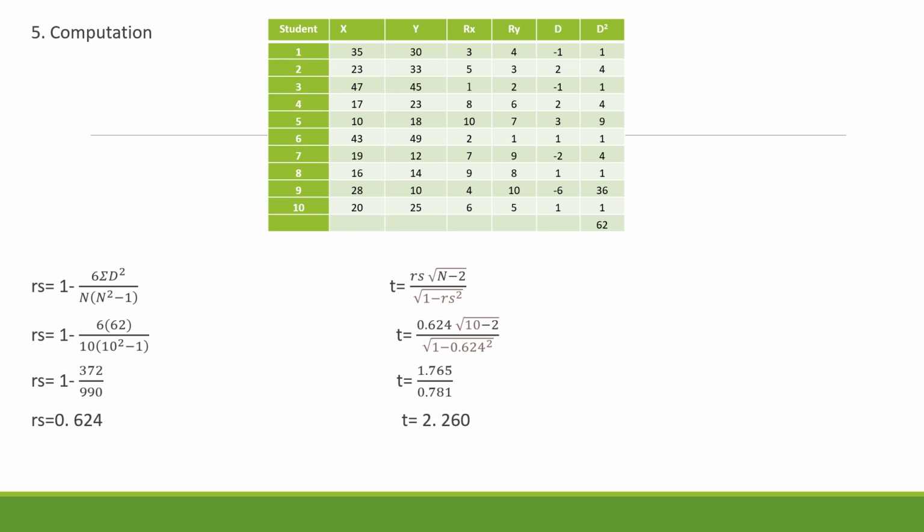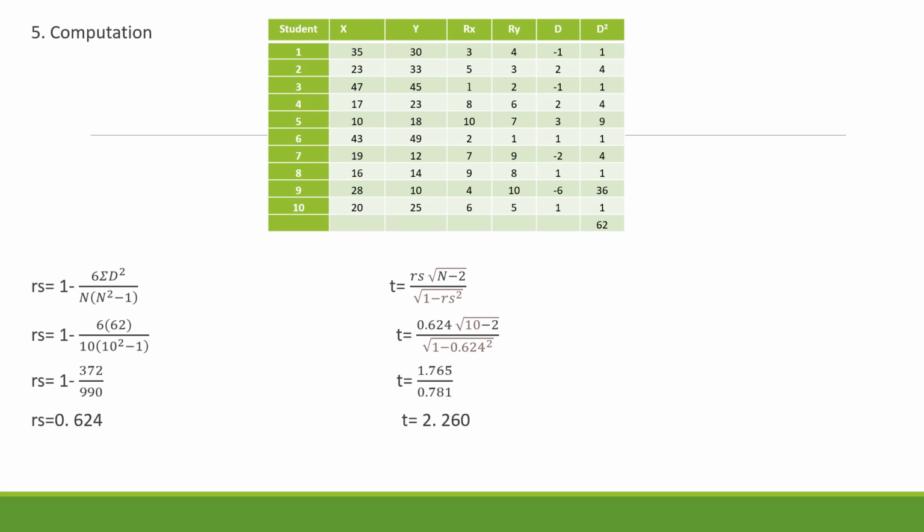Meaning to say, take note that rank 1 is the highest score in the data, and rank 10, the last rank, is the lowest score, which we see here as 10.